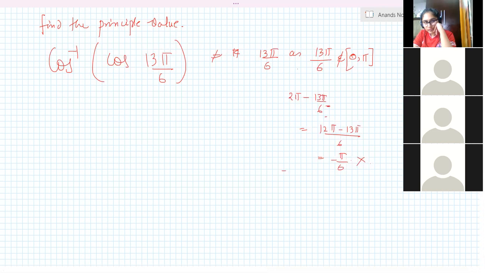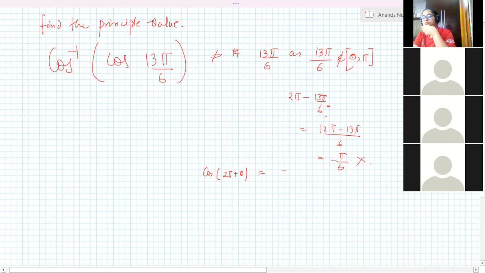So because this is cos, cos of 2 pi plus theta is going to come in first quadrant. Cos of 2 pi plus theta, cos of 2 pi minus theta is cos theta. So we can check that.